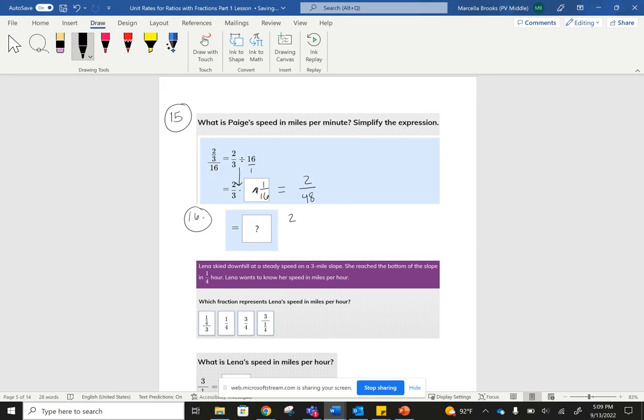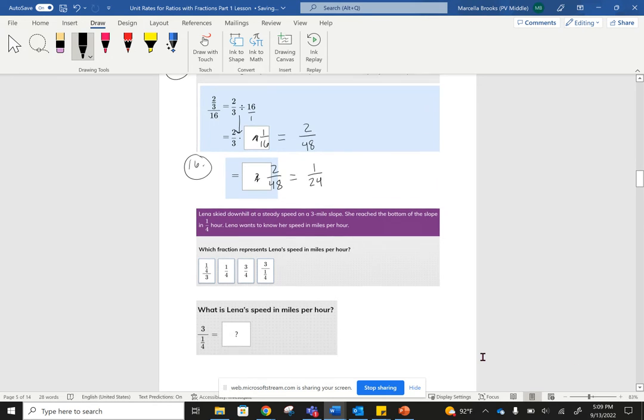So we have 2 over 48 as our answer for 16. That's her speed in miles per minute. And we can also simplify it to be 1 over 24. We'd simplify it by dividing by 2 on top and bottom. But either will work.